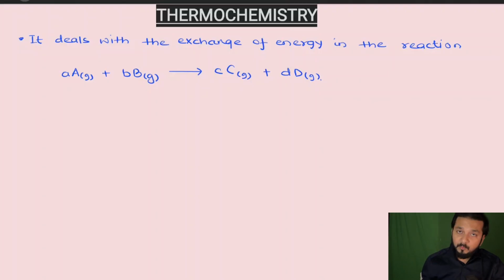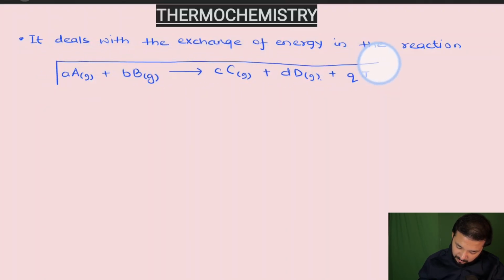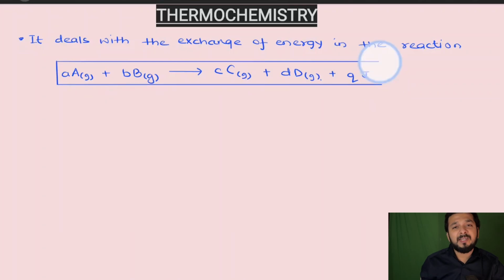Now, we have to study the exchange of energy. So we can write the heat which is exchanged in a reaction. Let's say Q joule of heat is produced in the reaction. This type of reaction in which we specify the physical state of the reactants, the physical state of the products, and the heat which is exchanged, is known as a thermochemical equation.